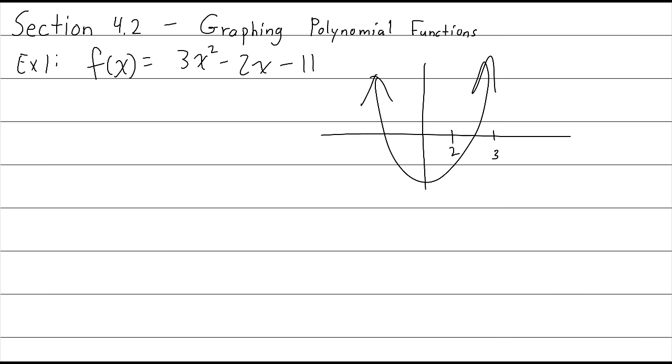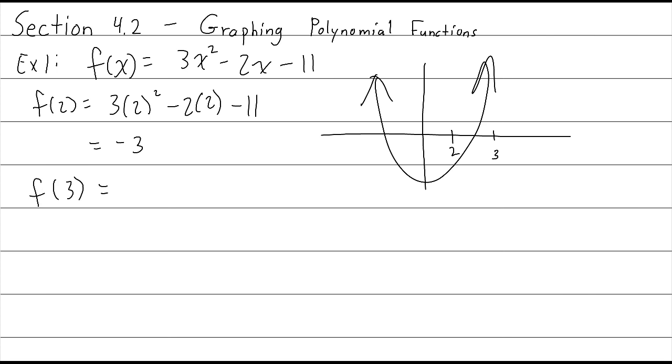But there is something I can do. I can actually plug in 2 into the function. I'll type that in my calculator and get -3. I can type 3 into the calculator, and I get 10.